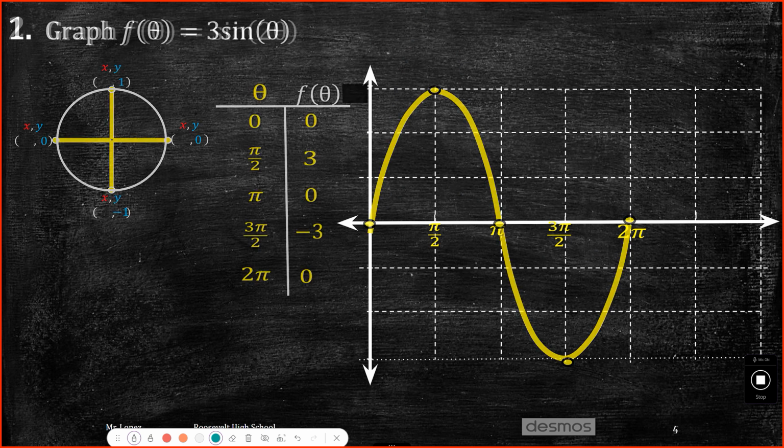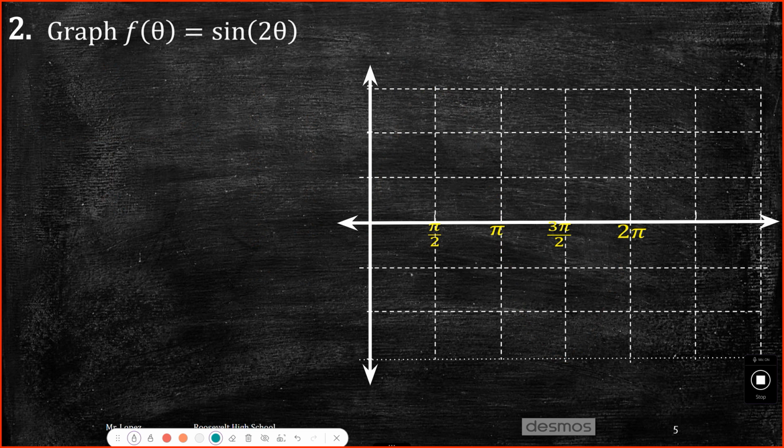Here's number 2. What happens when we put a number on the inside next to theta?